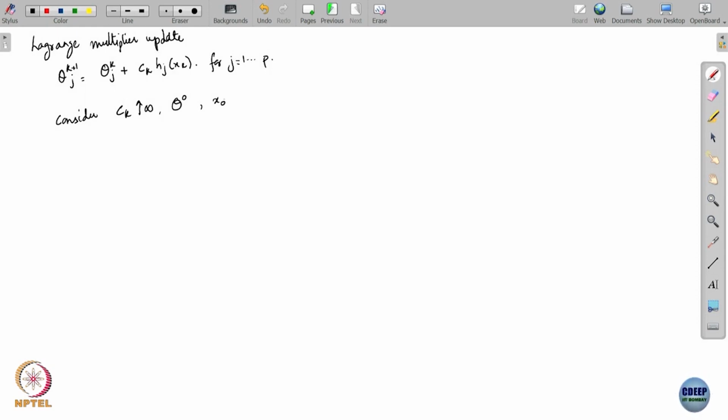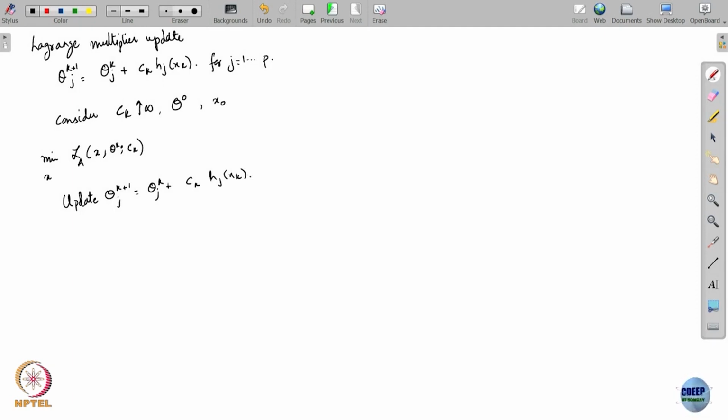Then you iterate by doing the following: at each iteration you minimize the augmented Lagrangian over x, and alongside, once you get x k, you also update theta k plus 1 for the jth constraint as theta k j plus C k h j of x k, and you do this in a loop.